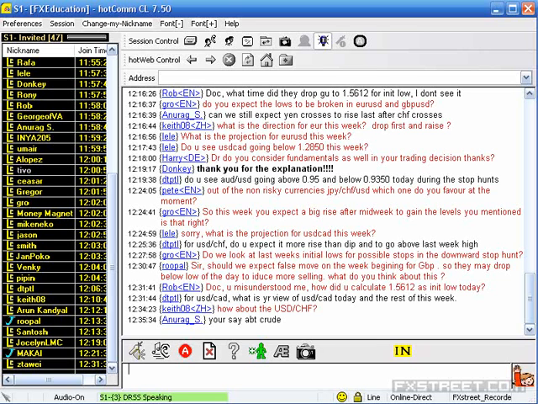Then Drupal. Should we expect a false move on the beginning in GBP so that they may drop below the low of the day to induce more selling? What do you think about this? Now, as we come across that they are holding at the middle level currently, they have not breached the high in the case of Euro and GBP. So how exactly they are going to do it, we have to watch.